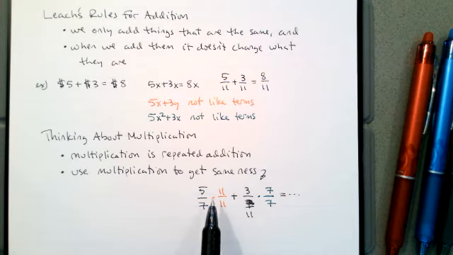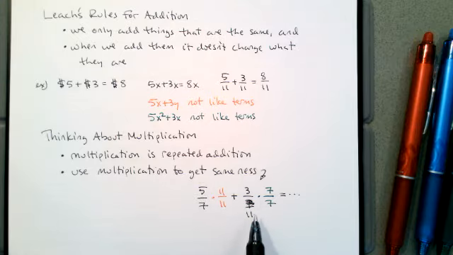We multiplied by 1, but a special form of 1. I multiplied 5 over 7 by 1, in the form of 11 over 11. And I multiplied the 3 over 11 by 1, this time in the form of 7 over 7. This will give us a common denominator of 77. That means we get to add them as fractions, but it's no longer a 5 and a 3.